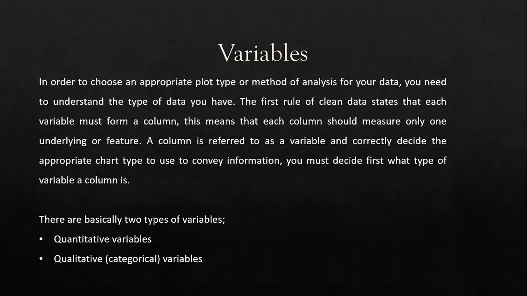You understand that the data here is talking about students. So this column is talking about only the name of the students. You cannot see the age of the students here. You cannot see the country of the students. Each column must be talking about one variable of that data set. Here is talking about the age of the student. You cannot come here and see the score or the name or the country of the student.